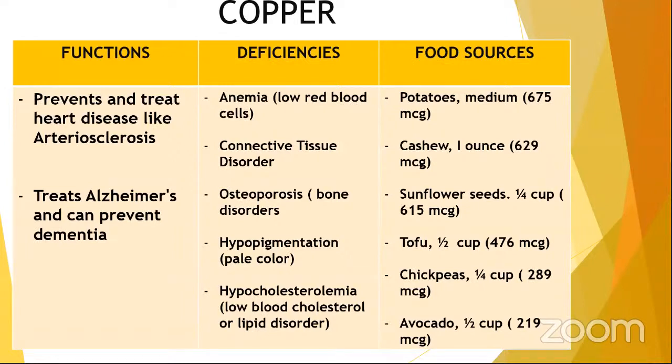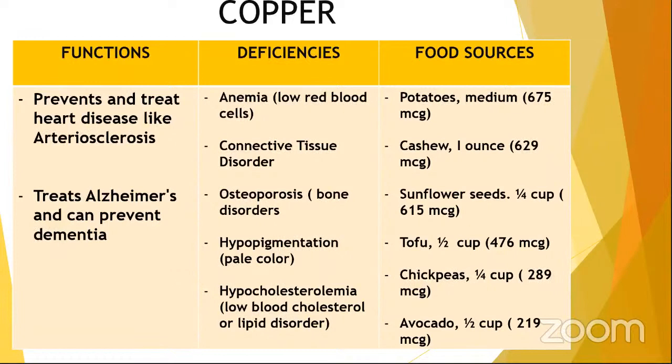Now, do you remember from our last presentation what we said dementia was? Dementia means memory loss, not hearing loss. Good, memory loss. Now, if you're deficient in copper, you can suffer from anemia, connective tissue disorders, and osteoporosis, which is a bone disorder.